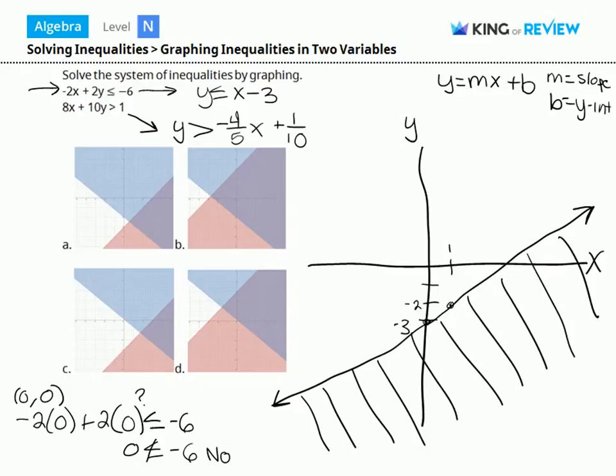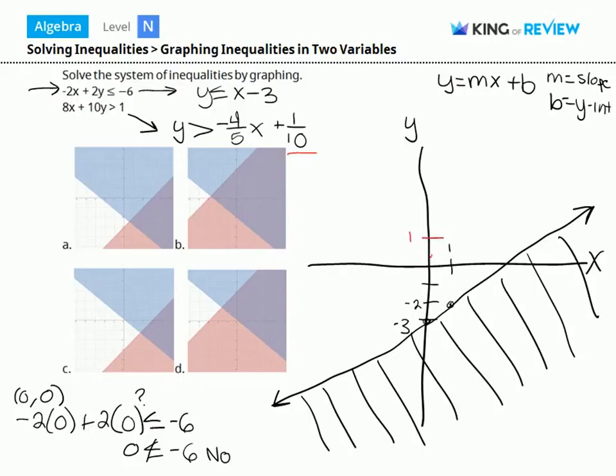Okay, now we can graph our second inequality. And I'll graph this one in red so that we can see the difference. So we'll start with the y-intercept. And in this case, our y-intercept is 1 over 10. So if we have 1 here, 1 over 10 is right about here.